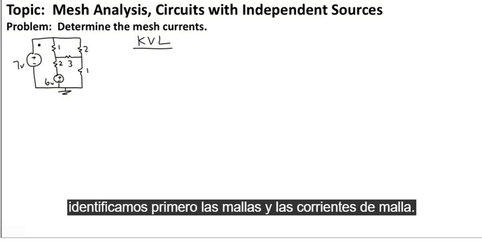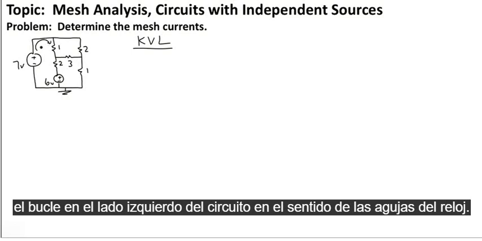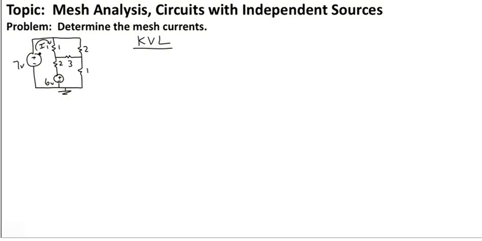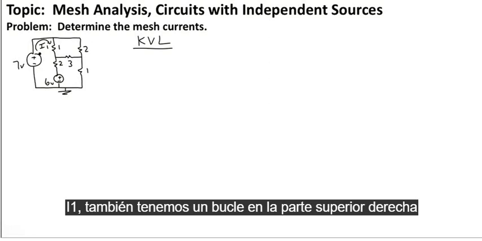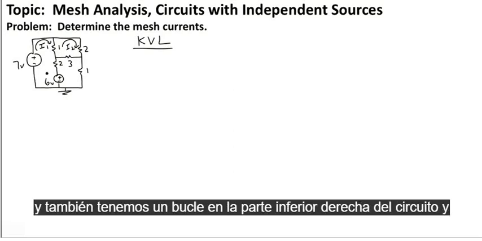first. So we're going to identify a mesh current for the loop on the left-hand side of the circuit in a clockwise fashion, I1. We also have a loop on the upper right-hand side of the circuit, loop 2, so we're going to assign it loop current I2.